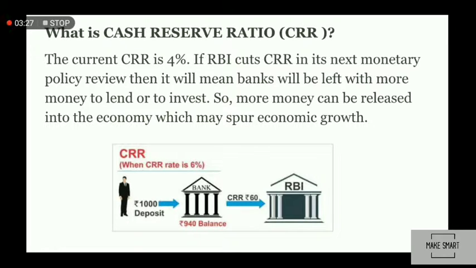Now, for example, when CRR is 6%, this image I found on Google and pasted for better understanding of cash reserve ratio. When any person deposits 1000 rupees in a bank, 6% CRR means 6% of 1000 is 60 rupees.